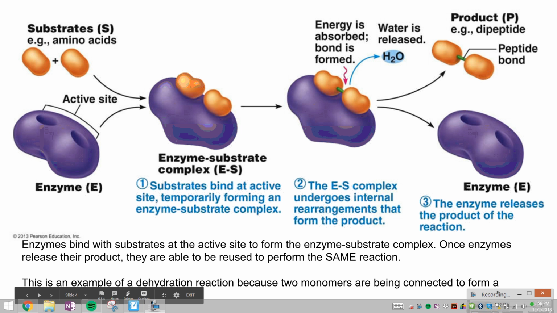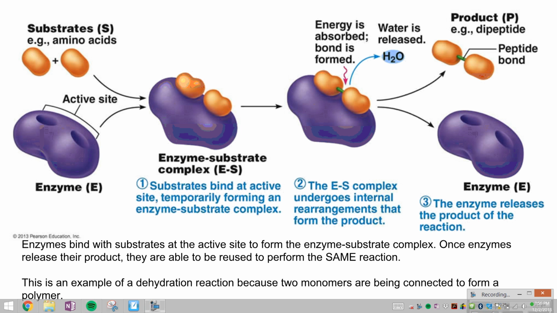An enzyme is always going to be a protein. And where that enzyme reacts with its molecule is always going to be called the active site. That's where the enzyme is going to bind with the molecules it's interacting with. Those molecules are called substrates, and they can come in many different forms.